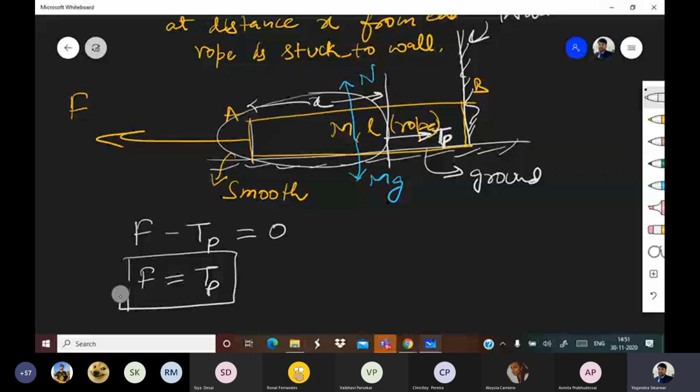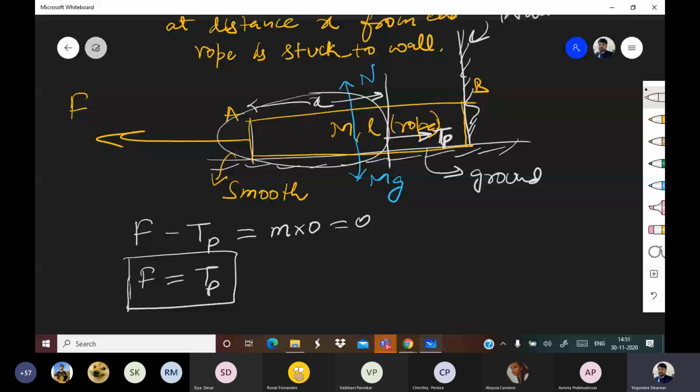If you want, you can write m into 0, which is equal to 0. So F is equal to TP. So tension at point P will be 0.